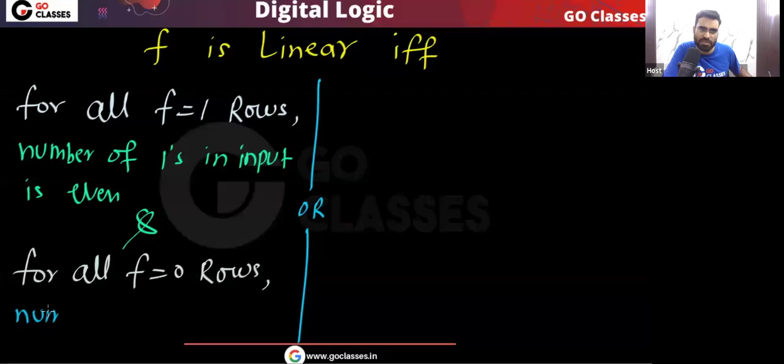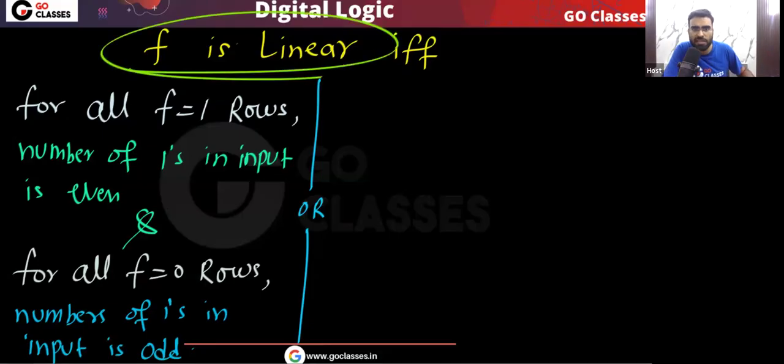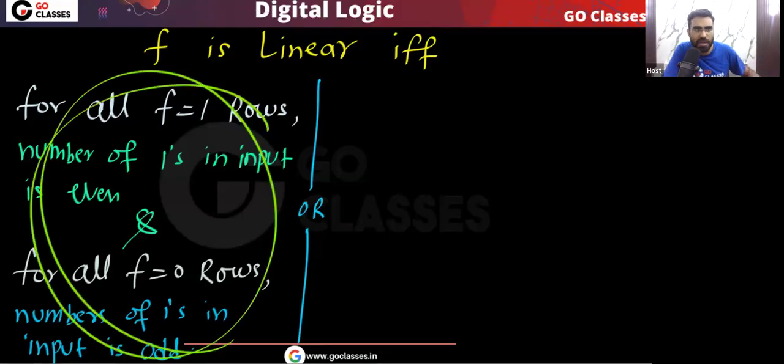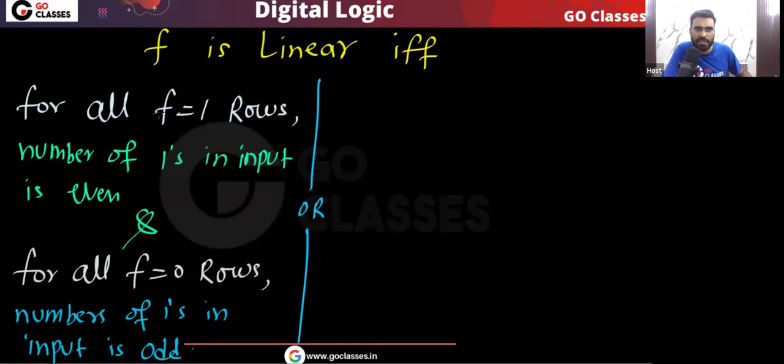Remember, the function is linear if this entire thing happens. This entire thing means for all f equal to 1 rows, the number of ones in the input is even, and for all f equal to 0 rows, the number of ones in the input is odd.